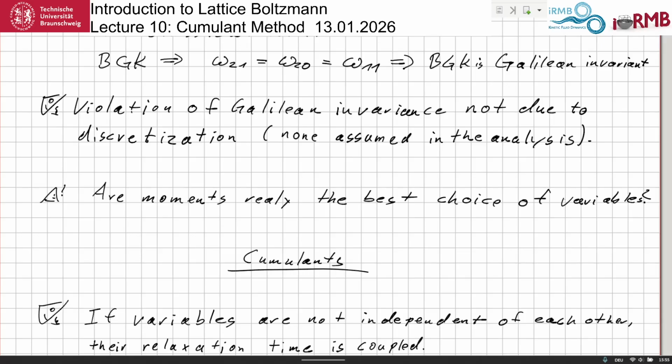And the reason for this is people dislike it when a model has unfixed parameters, right? So now there's a little bit the problem of MRT. You have more parameters, but they are not in the governing equation, so they are open parameters. They are not fixed, so you have to choose them.